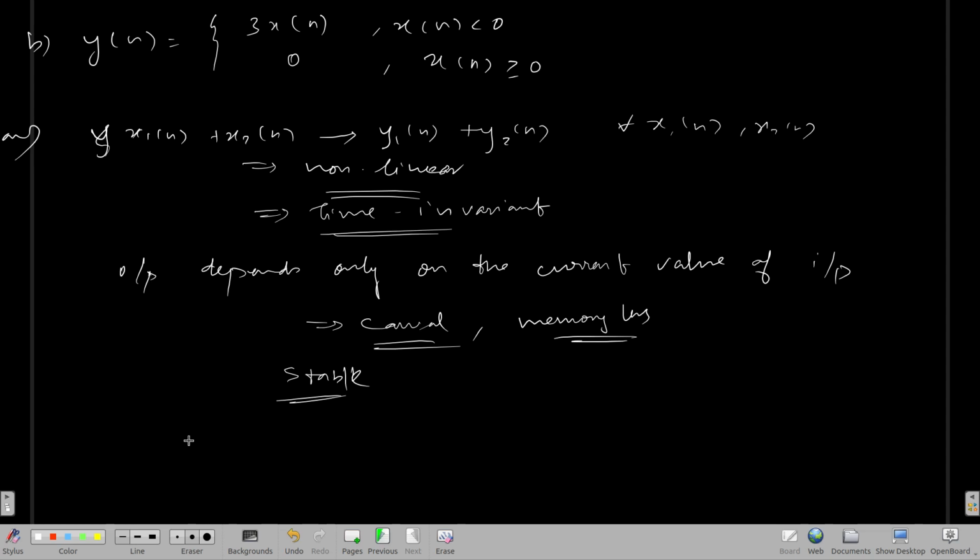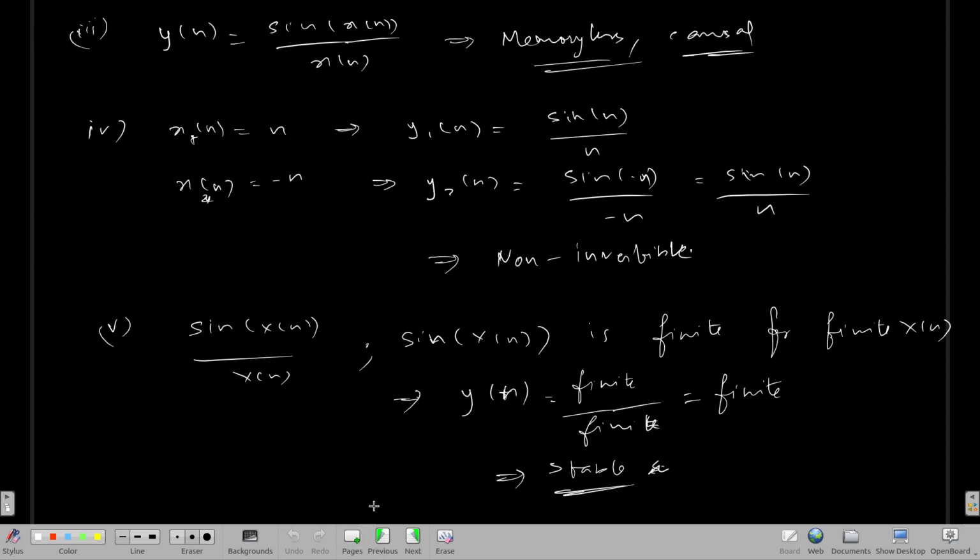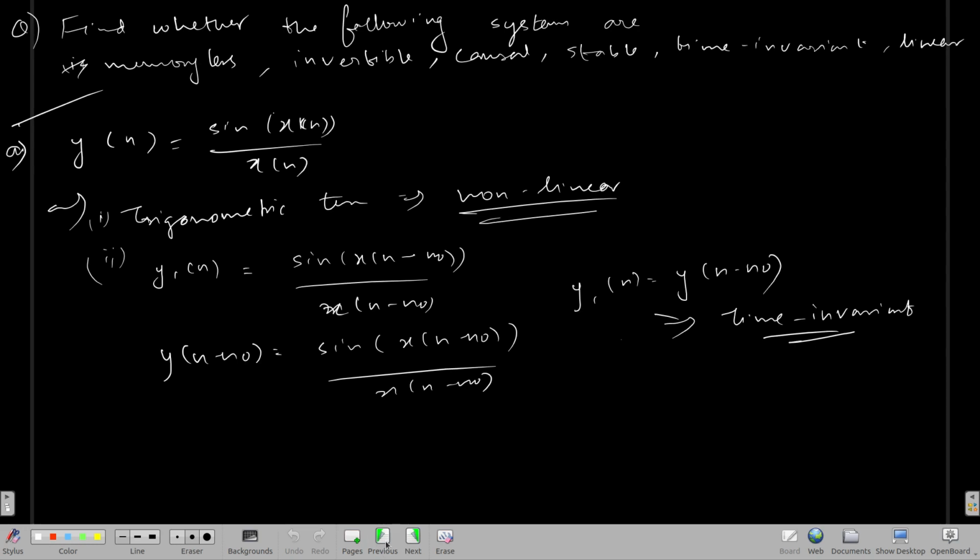So some problems will be like this. We may not need to analyze it mathematically much, but for some problems we may have to do some analysis. So it depends on the particular question. So moving on to the next one. The system is y of t is equal to the integral from t to t plus 1.